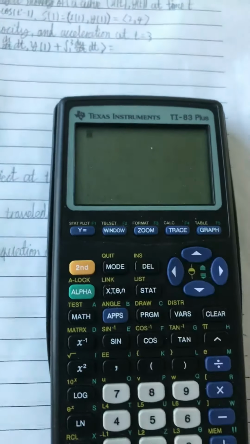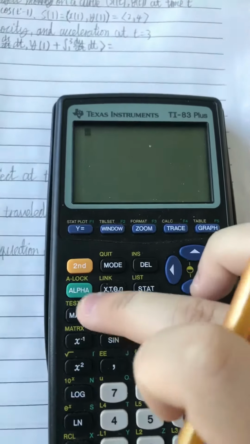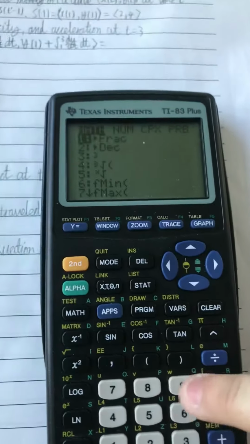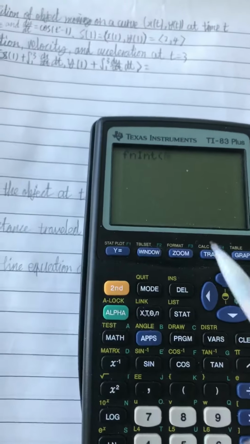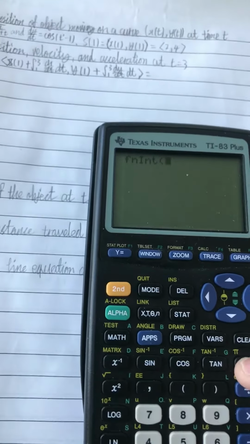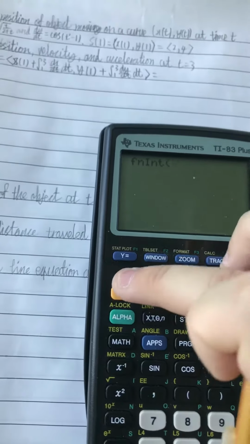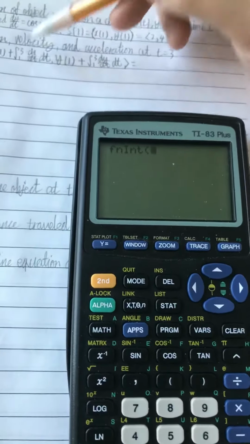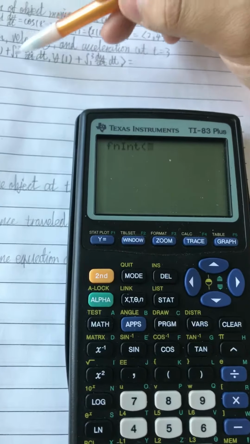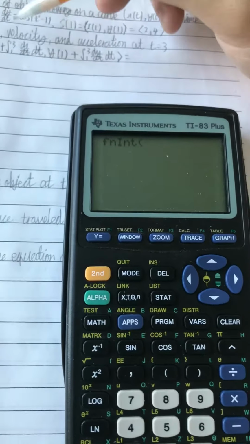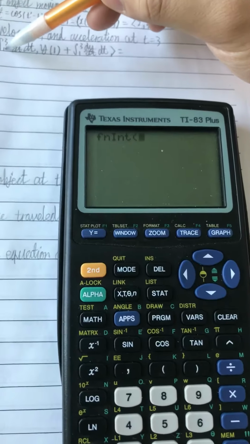Okay, so let's quit and press math 9 for the integral. We want to figure out the area under the curve from 1 to 3.